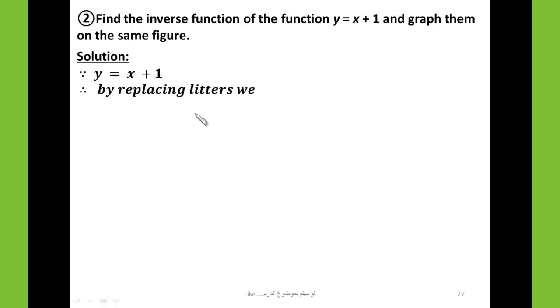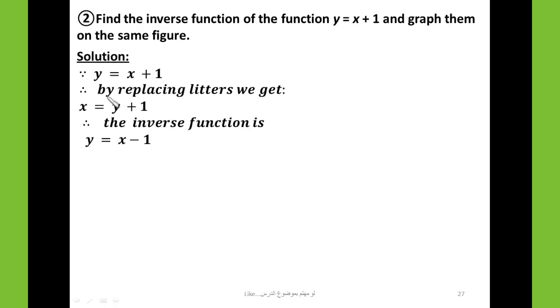By replacing the letters, we get, first step, replace the letters. Instead of y, we write x. Instead of x, we write y. And we put y as a function in x. So we have the inverse function is y equals x minus 1.